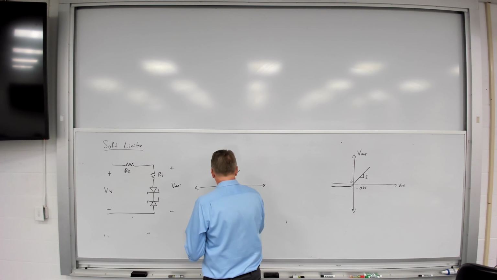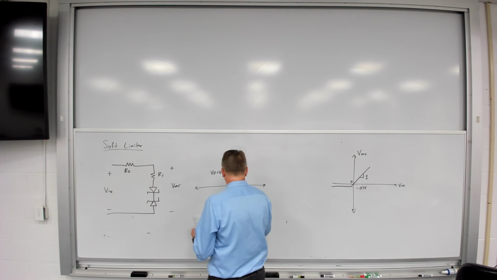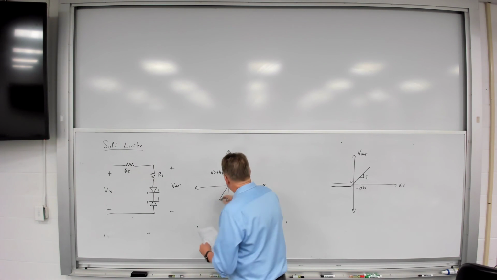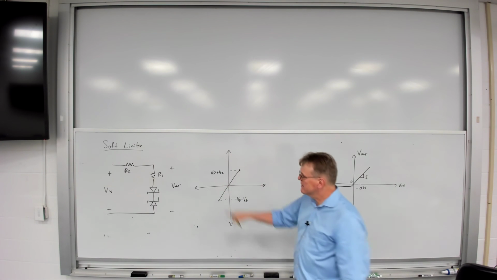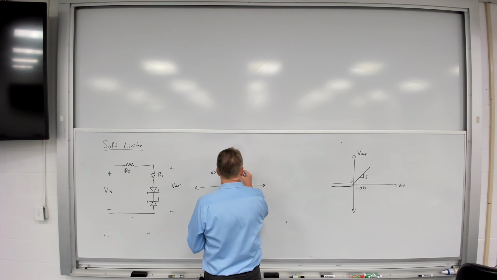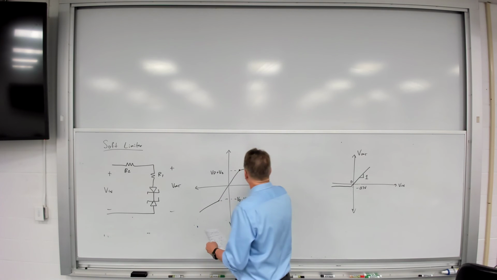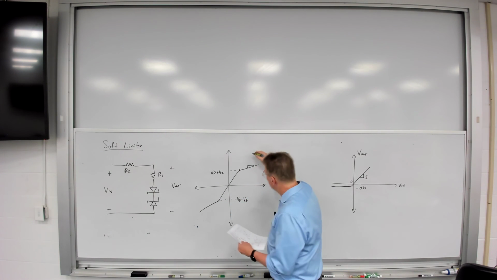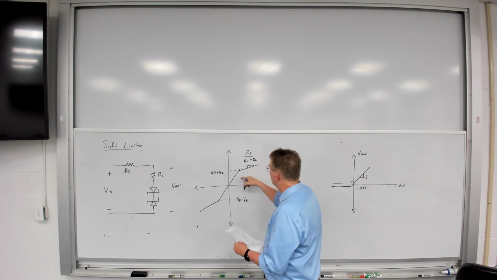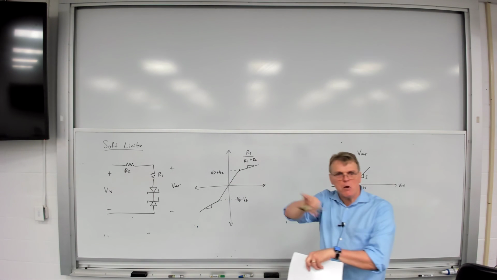I'm going to hit a limit point, VD versus VZ, except now I'm not going to have a flat limit because now I have the voltage drop across that resistor. Instead, I'm going to see this. The slope is going to change. And you can prove to yourself that that slope is going to be equal to R1 over R1 plus R2. So it's not a flat limiting, it is a sloped limit.